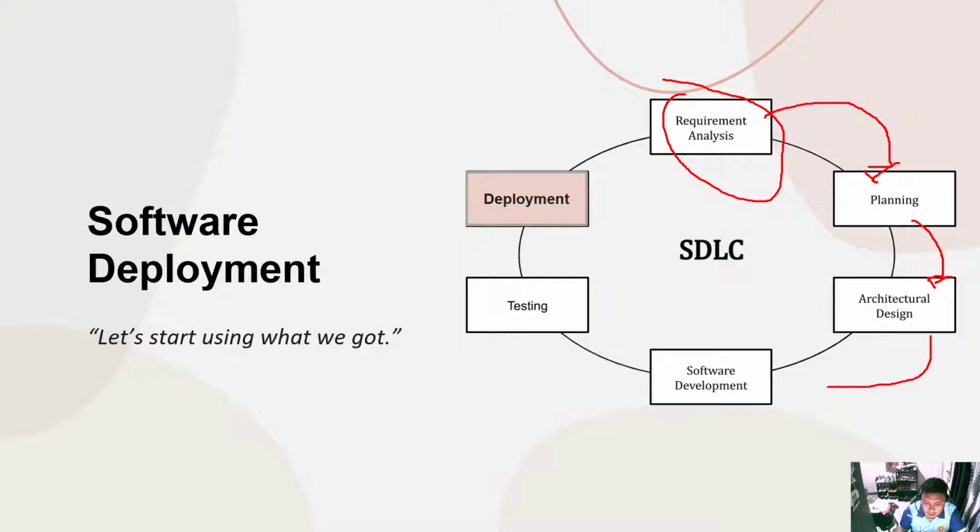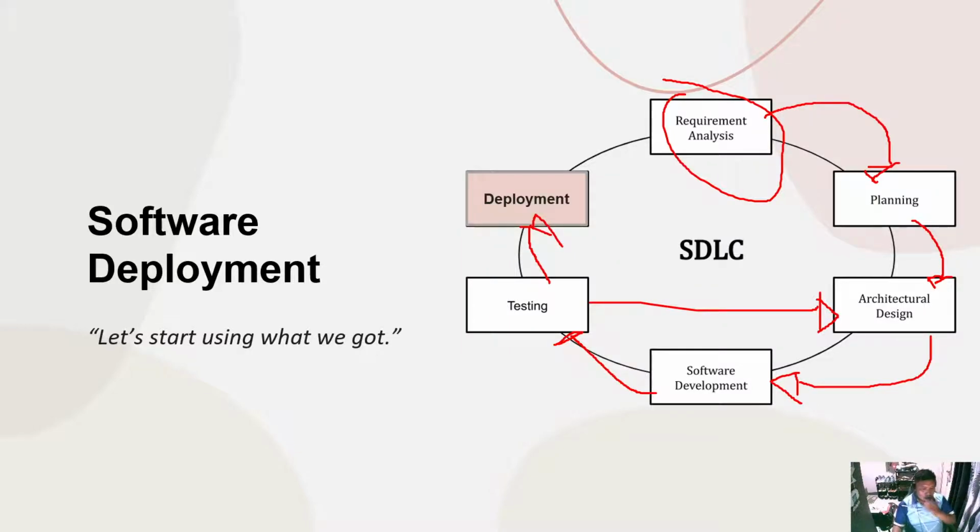After that, converting the design into code and turning it into an application. Then you have to test, and when the testing is correct and there are no more errors based on the design, you can now go to the deployment.